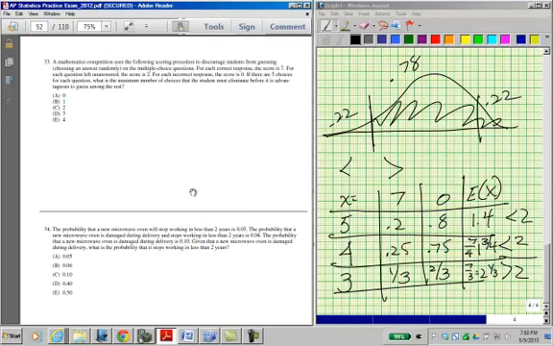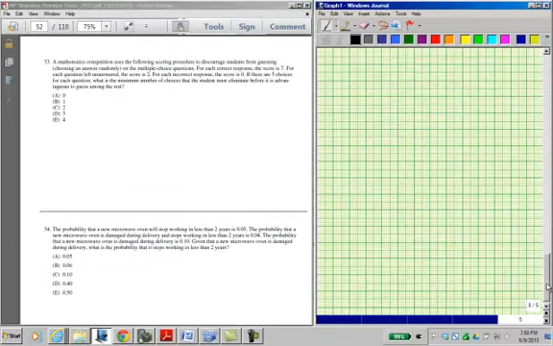Three, the probability that a new microwave oven will stop working. Now here's how I did this. You have these on your sheet here. The probability that it stops working is 0.05. The probability that it stops working and is damaged is 0.04. The probability that it gets damaged, and this is kind of ridiculous, but anyway, is 0.1.